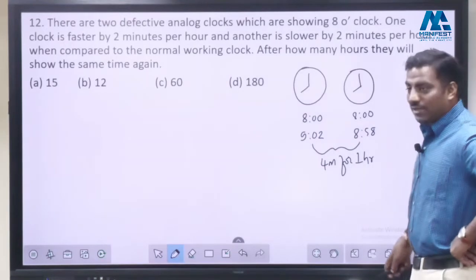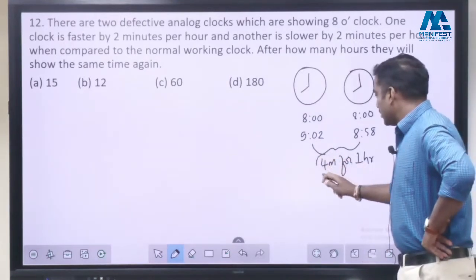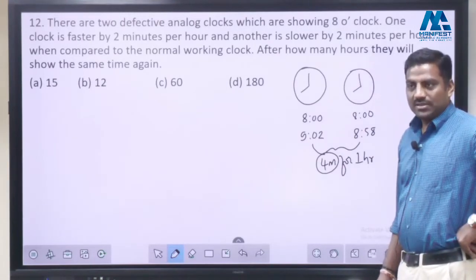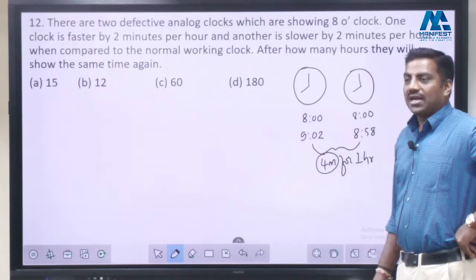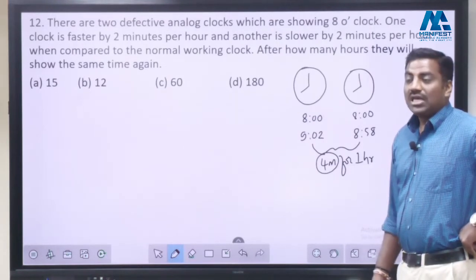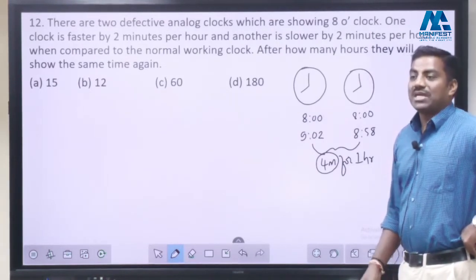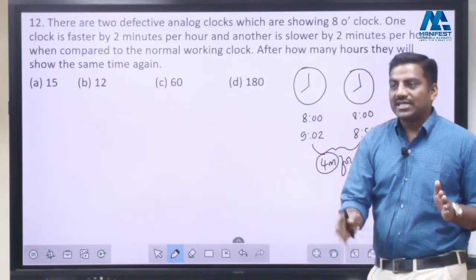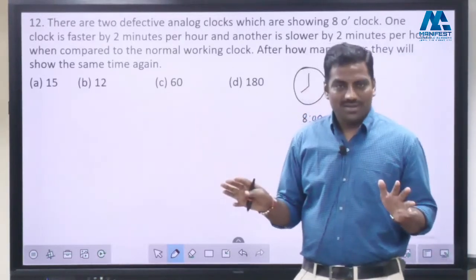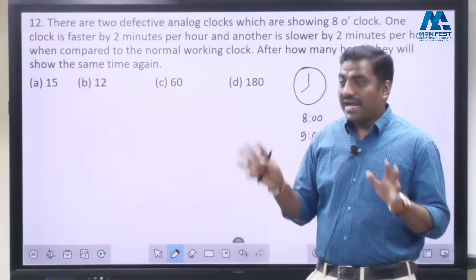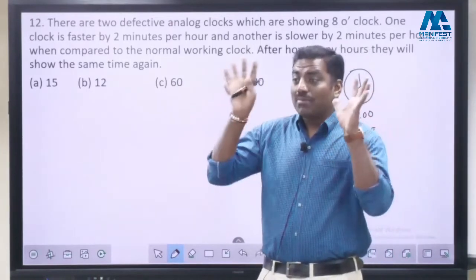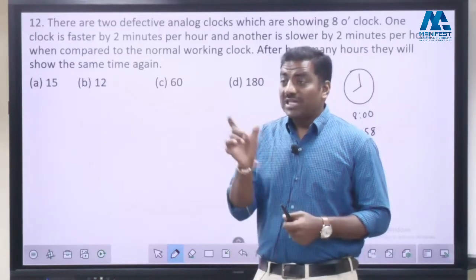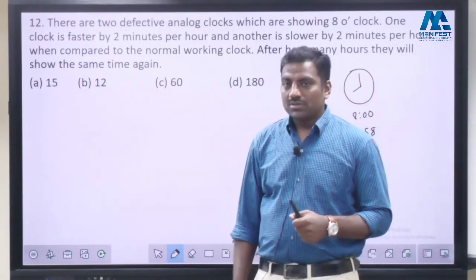See, I'll show you a simple calculation. Every hour, they have 4 minutes difference, right? Don't worry about their rightness or wrongness. Definitely, according to the standard time, they will not be correct. But if they have to show the same time again, then the difference between those two clocks has to be 12 hours.